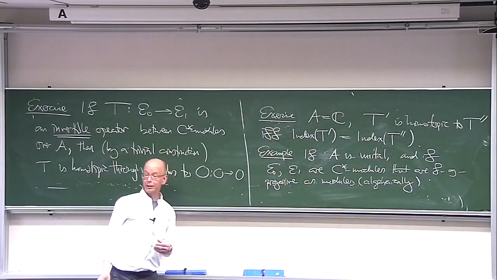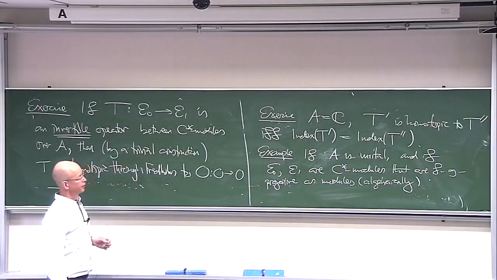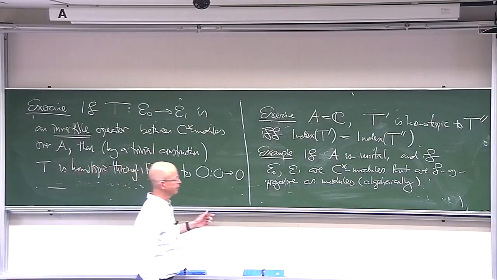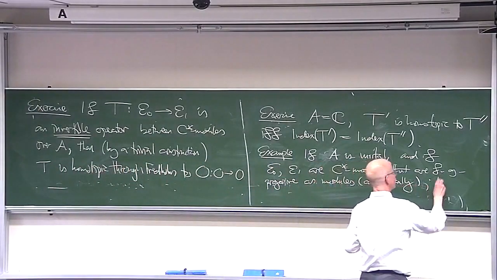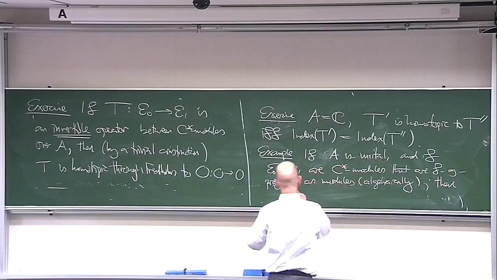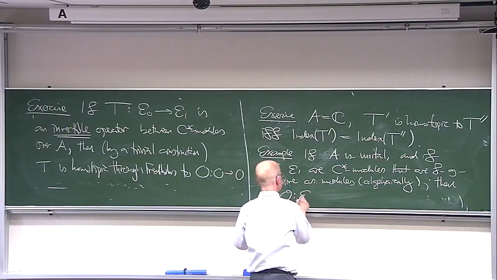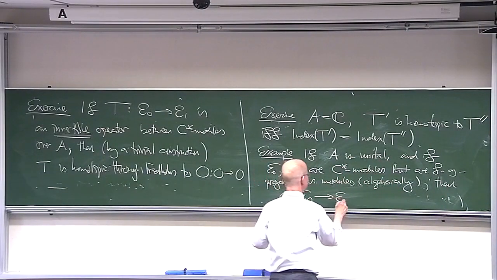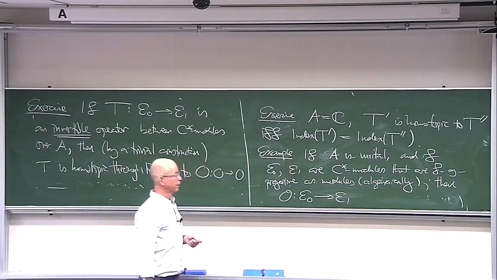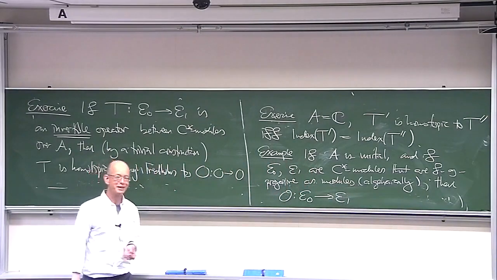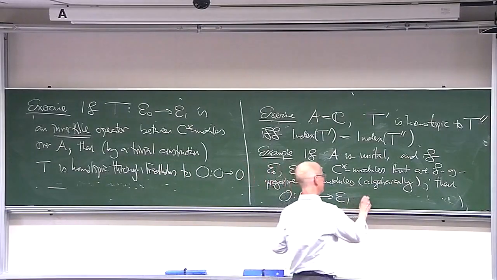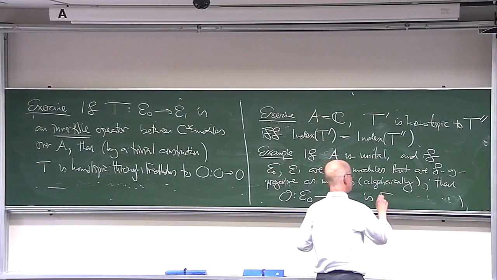So they're direct sums of finite numbers of copies of A plus A plus A plus A plus A, each of them. Now, there's always one canonical operator from E0 to E1, namely the 0 operator. And this fellow here is present.